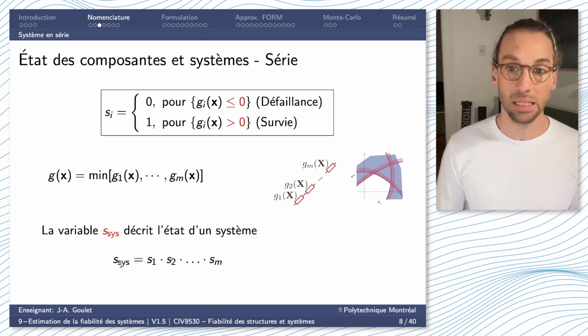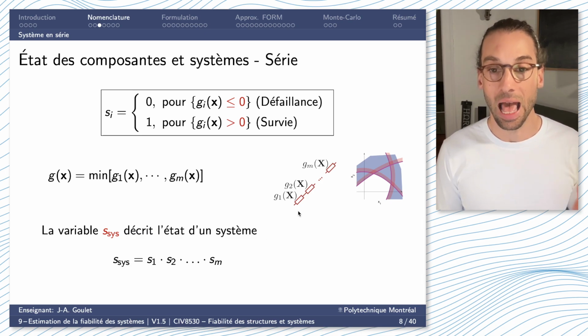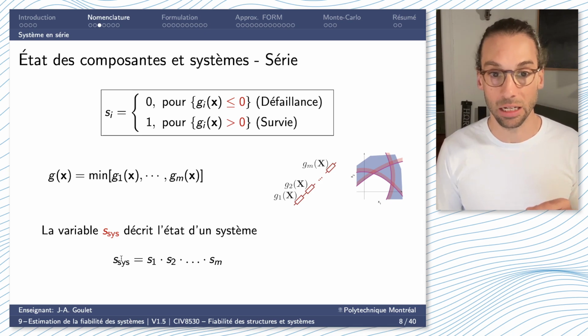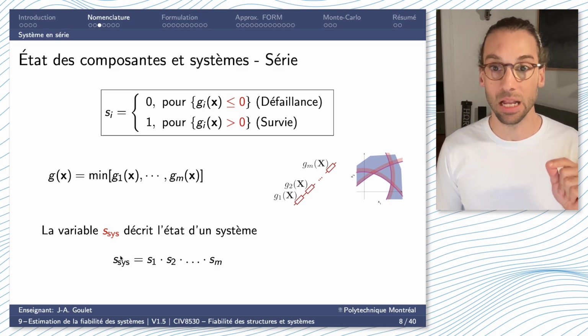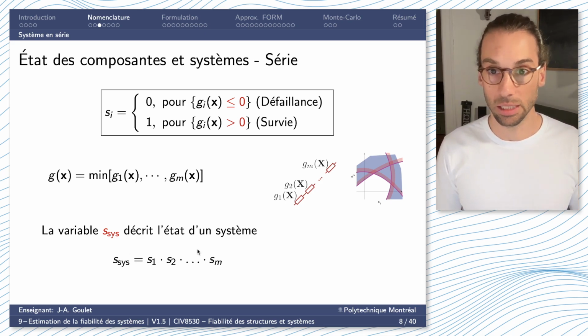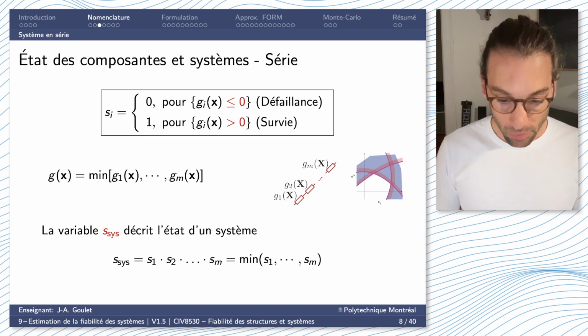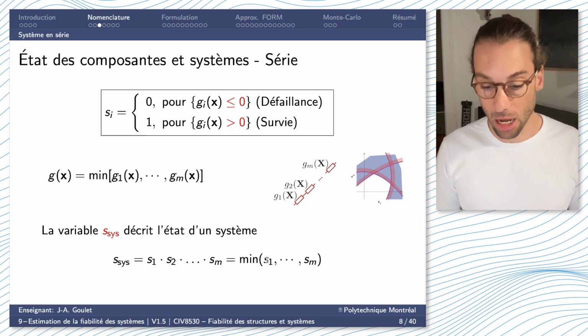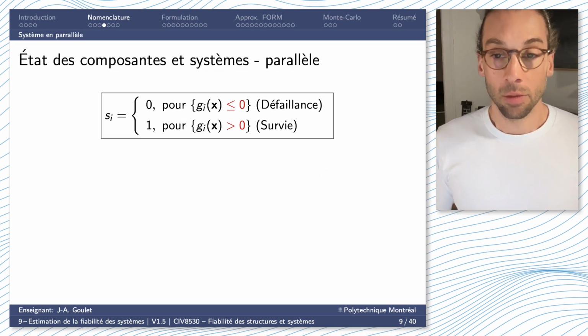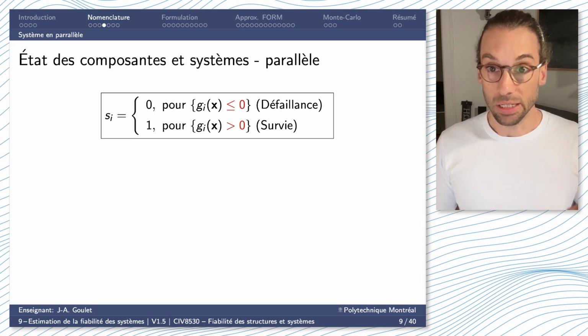So by taking simply the product of the component level state variables, I define the system level state variable. And this is equivalent to taking the min of all those state variables, because they can take only values 0 or 1.